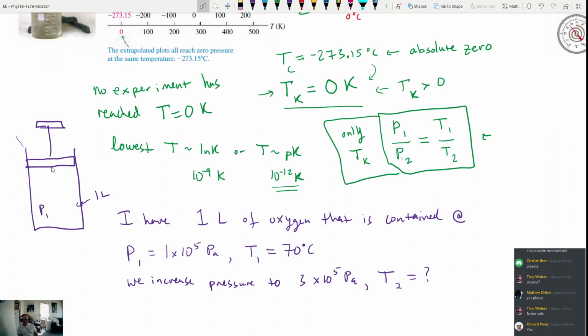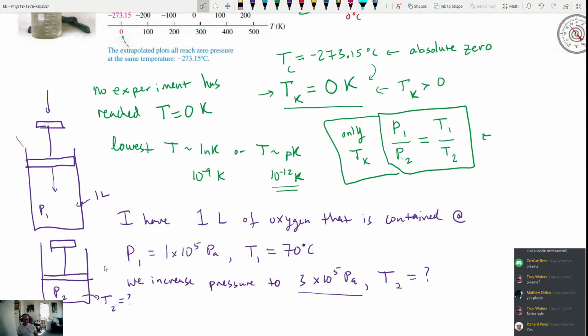What we're going to do is push down on this so that the system basically goes to here. And by pushing down on that, we're definitely going to change the volume. We're also going to change the pressure. And the claim is that if we increase the pressure to 3 times 10 to the 5th pascals, we now want to calculate what the temperature is.